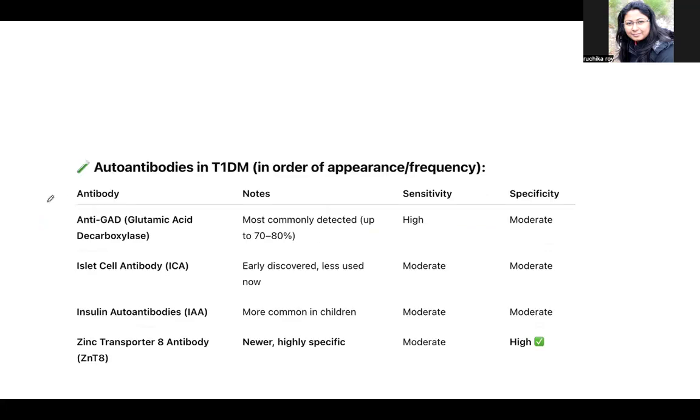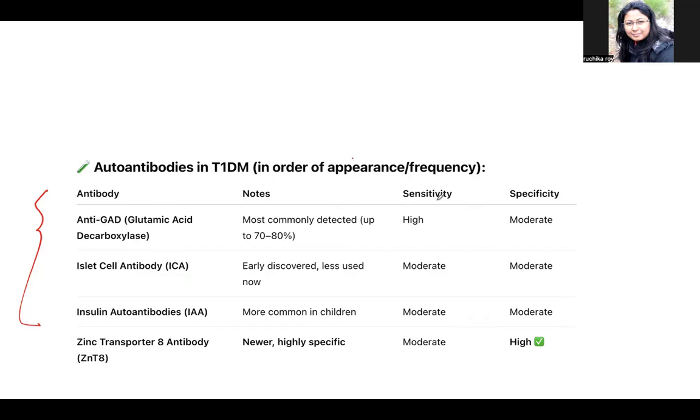This is the explanation: autoantibodies associated with T1DM, in order of appearance and frequency. Remember this chart: anti-GAD, islet cell antibodies, and insulin antibodies.